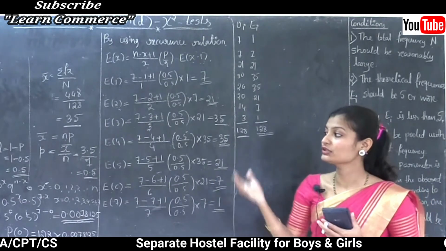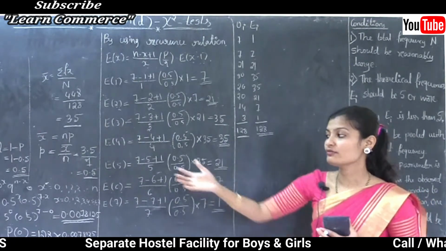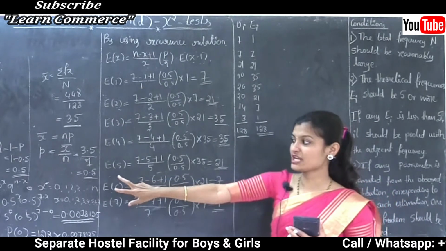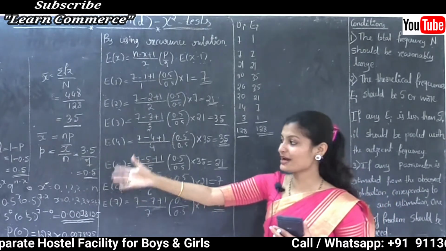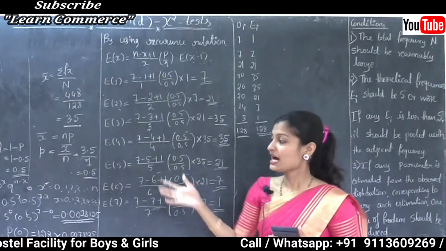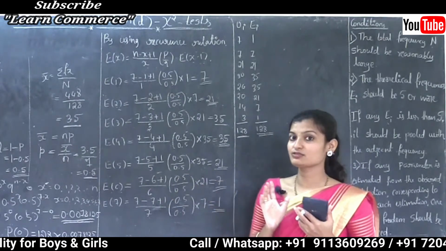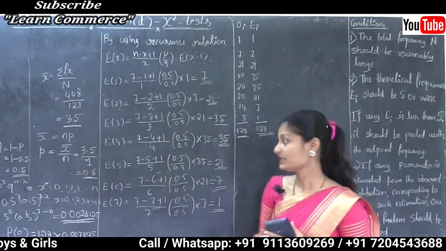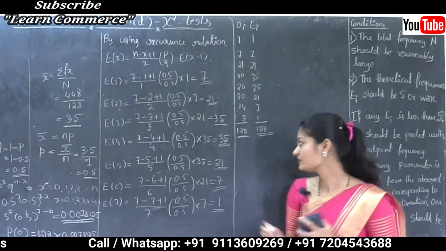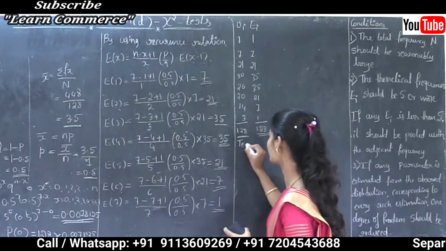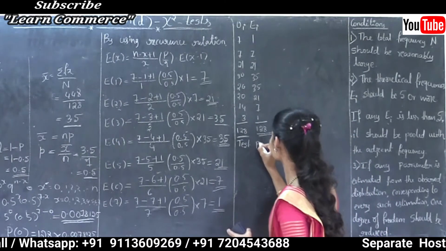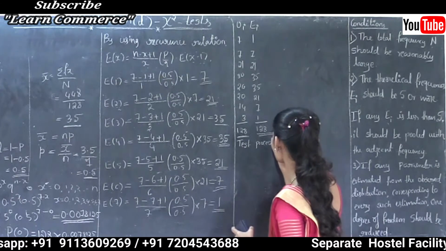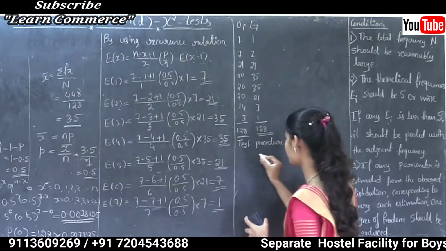Now just go through the goodness of fit procedure. So already we wrote two steps, that is step 1 is H0, that is binomial distribution is good fit, and step 2 is H1, that is binomial distribution is not good fit. Now let's move to step 3. Step 3 is test procedure. What is test procedure here?